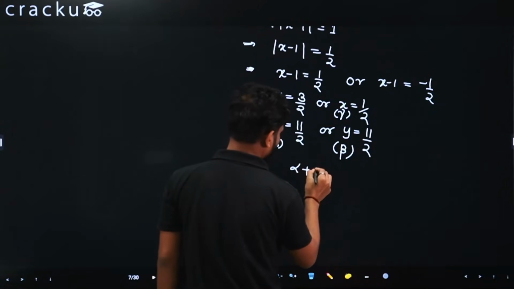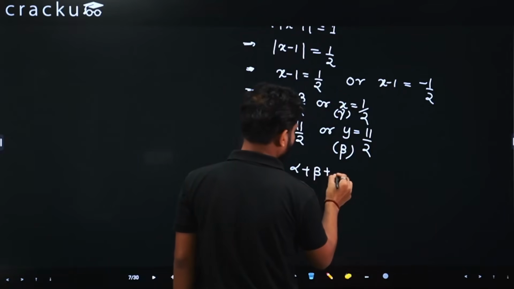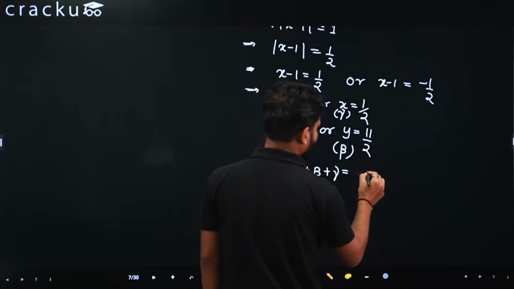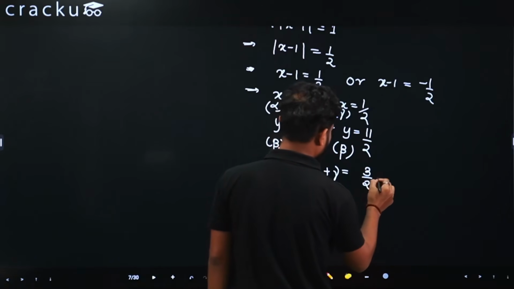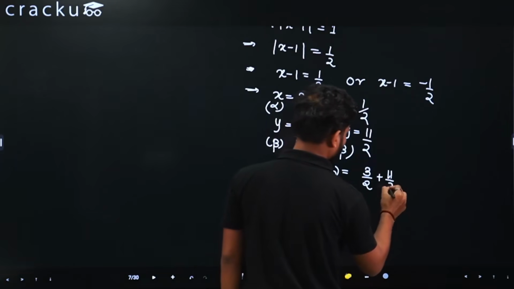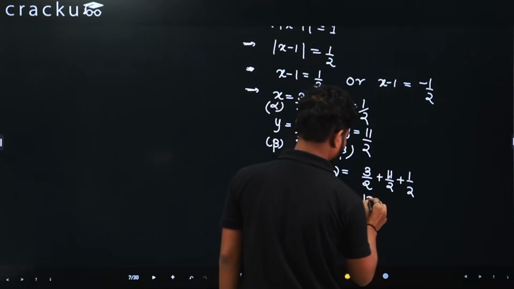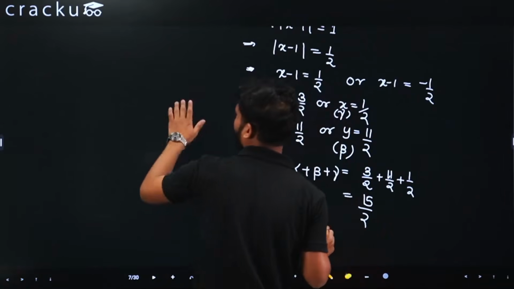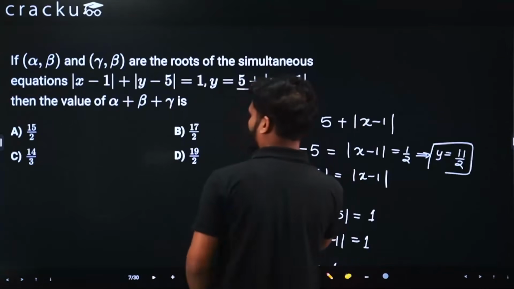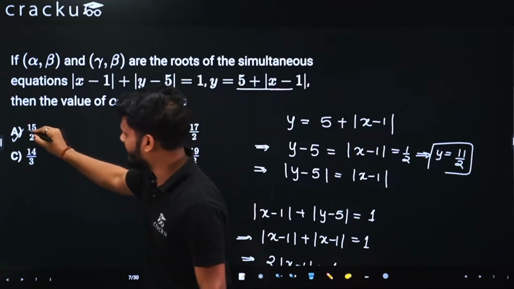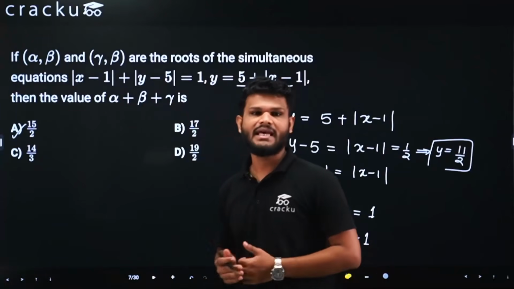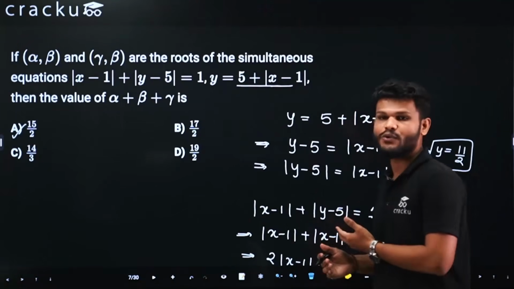So alpha plus beta plus gamma will be 3 by 2 plus 11 by 2 plus 1 by 2. This is nothing but 15 by 2, which is given in option A. So option A will be the correct answer here, and this is how you can solve the question.